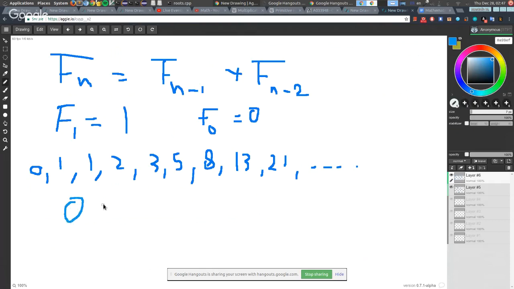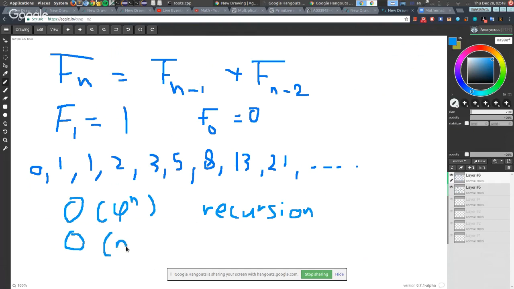There's the complexity of exponential, this is just the recursion, which is the very inefficient way of doing it, just putting this recursion. There's the dynamic programming version of that, which makes it an O of n.